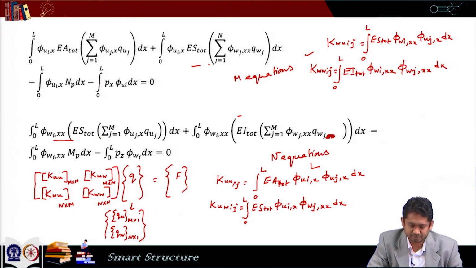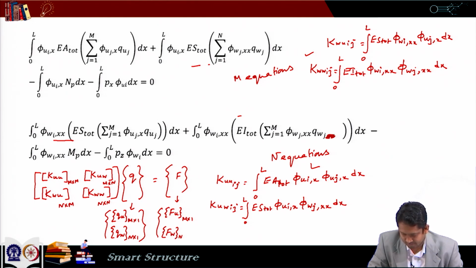Likewise, we can write the forces. So, the force also has, I can say it has two components, two major components. One is F u, which is m by 1, and F w, which is n by 1.